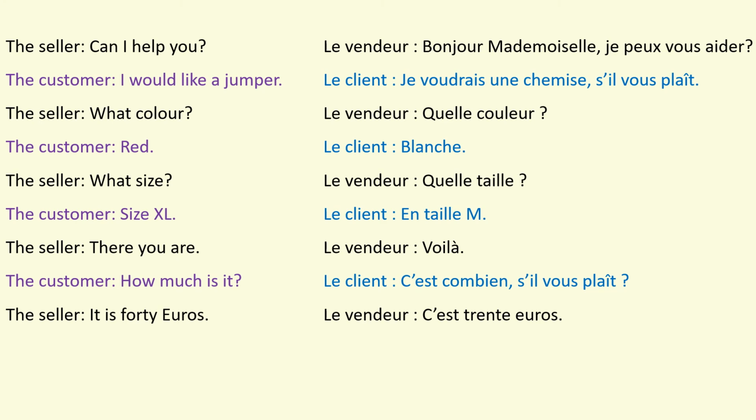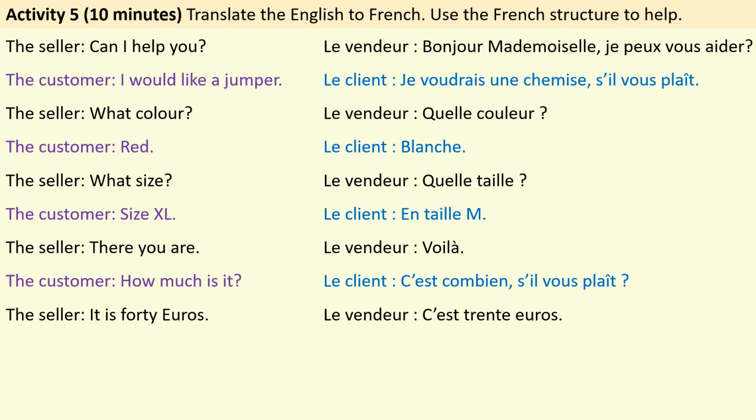Okay, well done, Year 8. What I would like you to do is now to translate the English on the left-hand side column into French for me. So you don't need to write this out. I just want you to write it in French. Okay? So it's really, really similar in structure to what we have on the right-hand side. So you can use this here to help you.